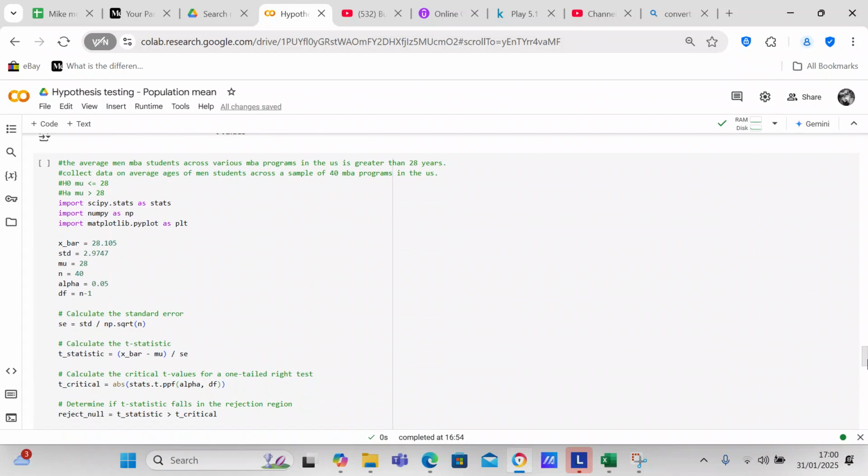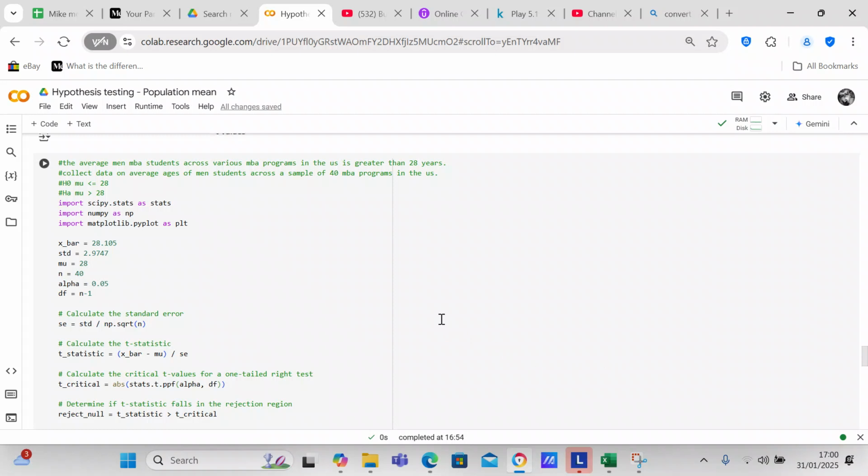And the last one that we're going to do is: the average age of men MBA students across various MBA programs in the U.S. is greater than 28 years. Collect data on average ages of men students across a sample of 40 MBA programs in the U.S. So the null hypothesis is mu is less than or equal to 28, and the alternate hypothesis is mu is greater than 28.